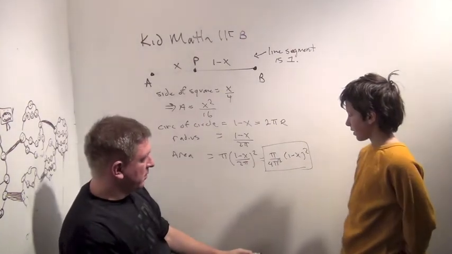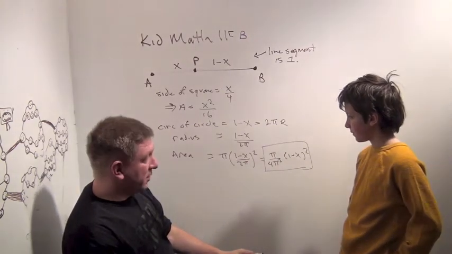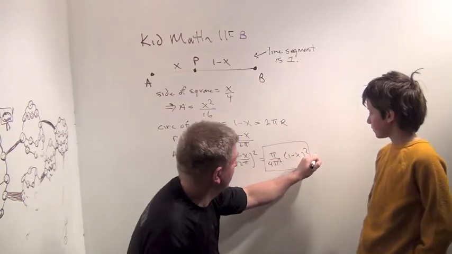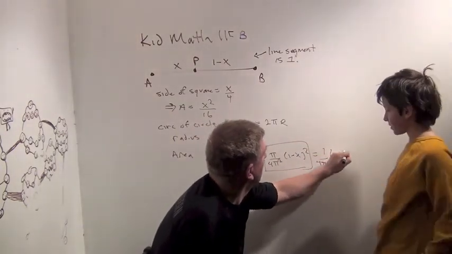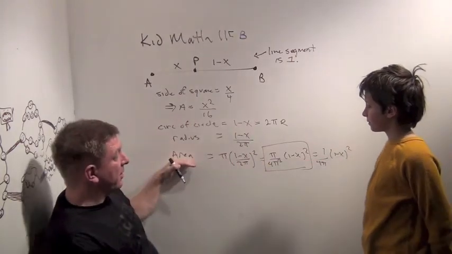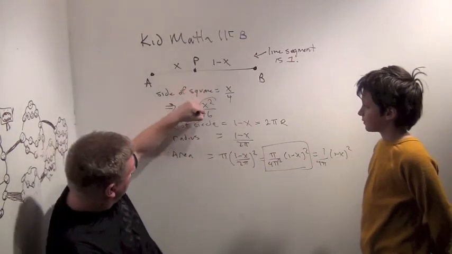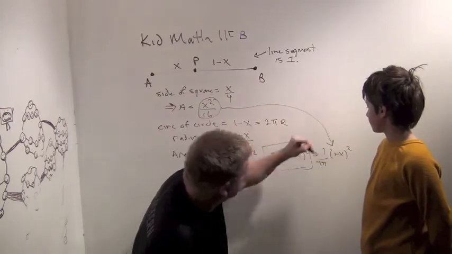So you get 1 over 4 pi times 1 minus x squared. That's the area. Okay, now I know this now has to equal that.